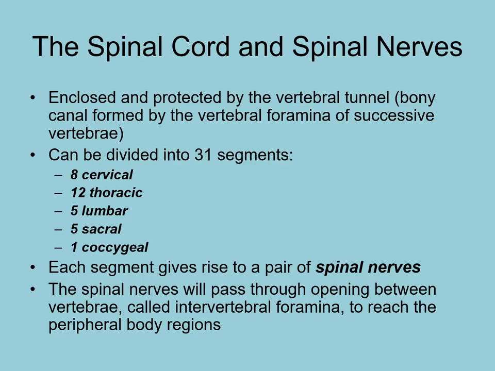There are 8 cervical, 12 thoracic, 5 lumbar, 5 sacral, and 1 coccygeal. Now each segment is going to give rise to a pair of spinal nerves that will extend from that location. The spinal nerve itself will then pass through the openings between the vertebrae. They pass through the intervertebral foramen so that then they can extend out into the peripheral regions of the body.